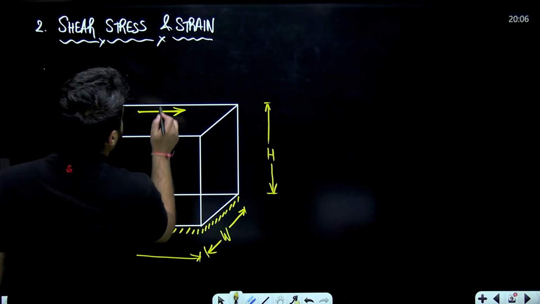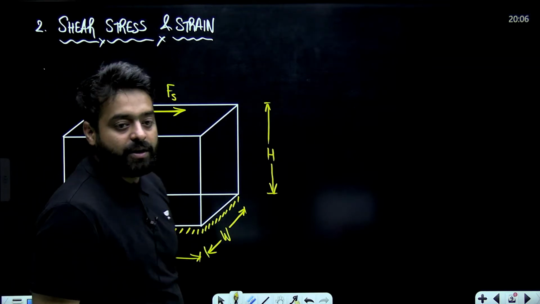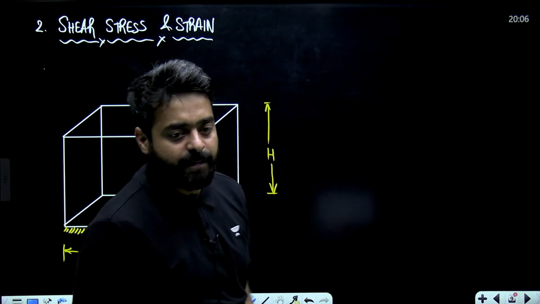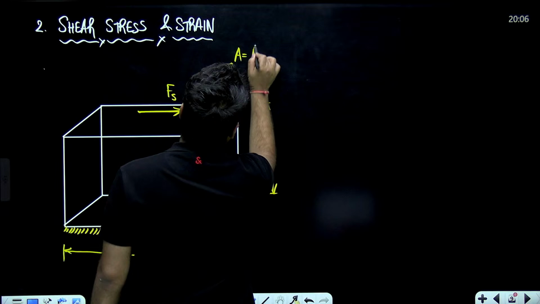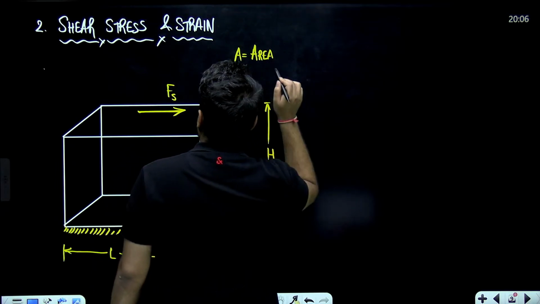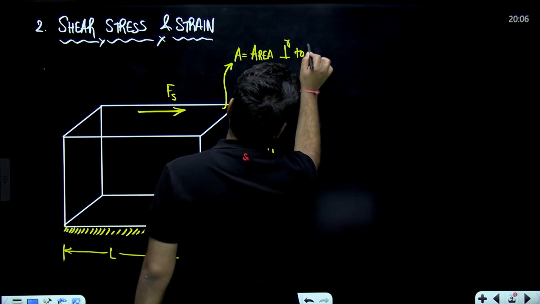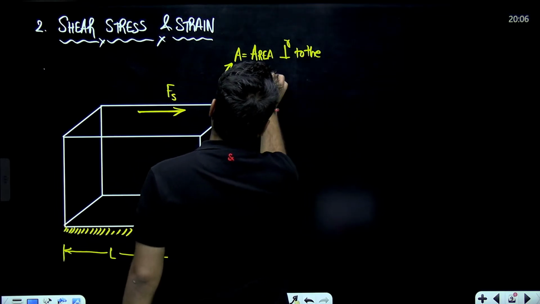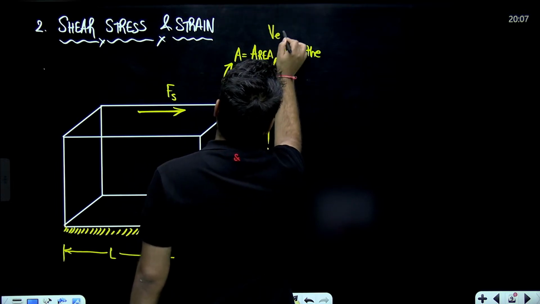This is called shear force, Fs. You know what happened due to this force? Of cross section, the area perpendicular to the Fs. Area, correctly, if I say area vector.